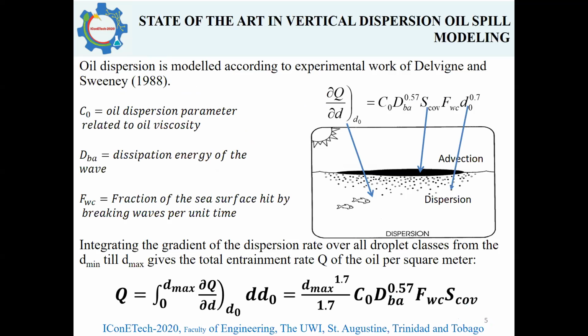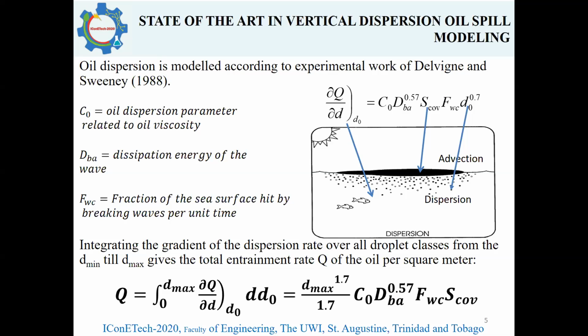So the state of the art for water surface oil spill modeling really involves a very common analytical equation that you see there, that is used to determine the movement of the oil droplets throughout the water column. So the equation actually represents, I have each term and I label them.